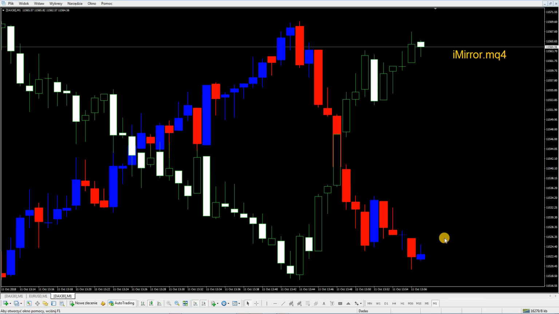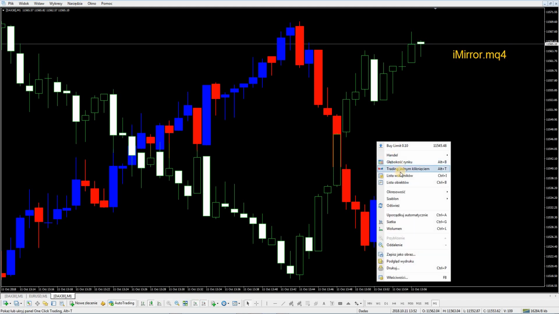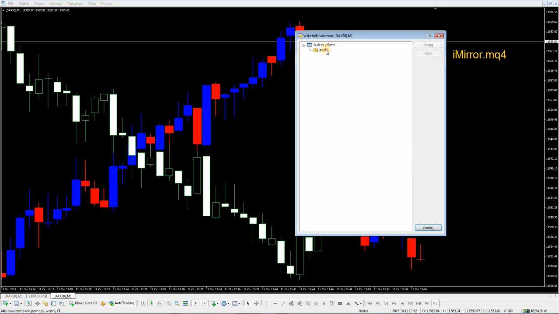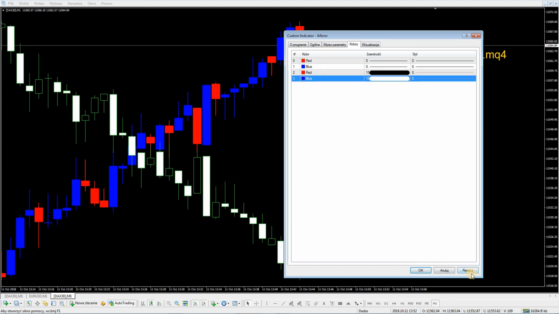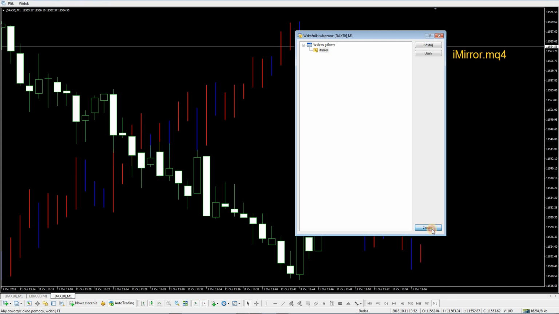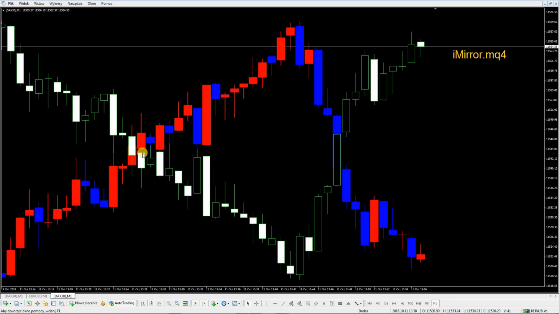But I think the colors had been changed on purpose in the other direction. So let's reset them. Because basically, those are the falling or bearish candles, and those are the bullish candles, I mean, on the real chart.